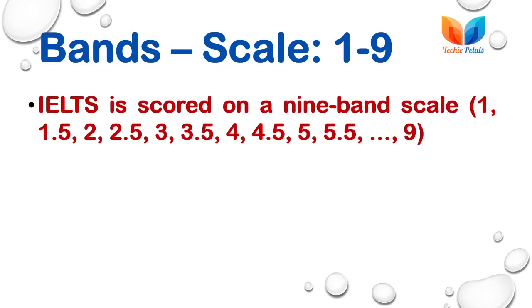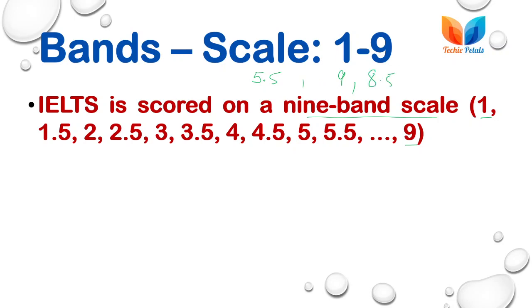So here IELTS is scored on a 9 band scale from 1 to 9, where you may have a score on a 0.5 band scale or a whole band, like you may have received 5.5 band or 9 band or 8.5 band, likewise.